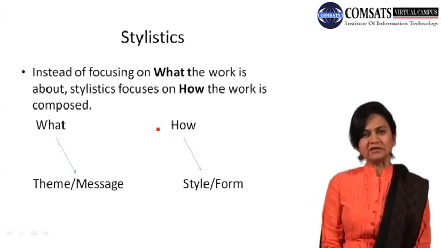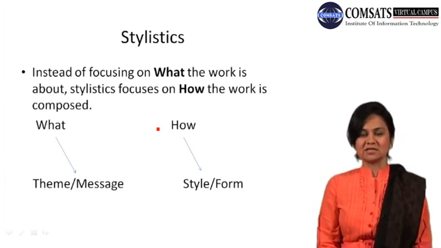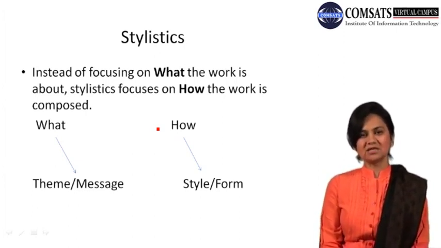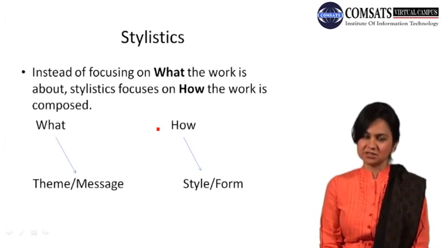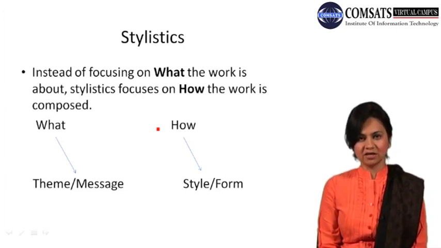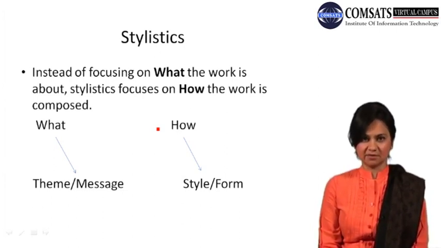So, if literary criticism was concerned with what the text is about, now the subject of stylistics is concerned with how the text is constructed, which particular elements the text makes use of to convey the message and the theme of the writer.